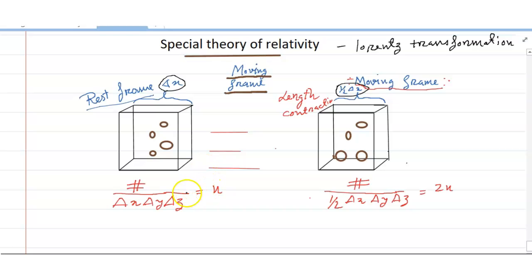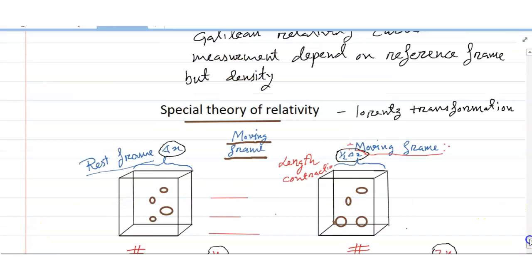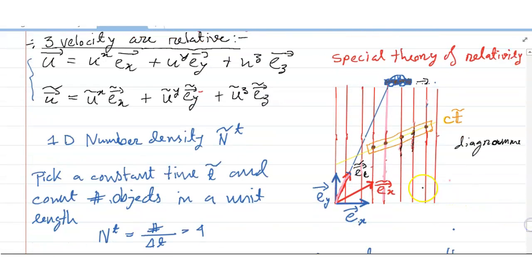You will see that here the contraction is half, so the number density is 2n. The rest frame number density is n, and the moving frame number density is 2n. So friends, when the stationary frame measures a number density of 4, we go to the diagram. We just change it for the special theory of relativity.